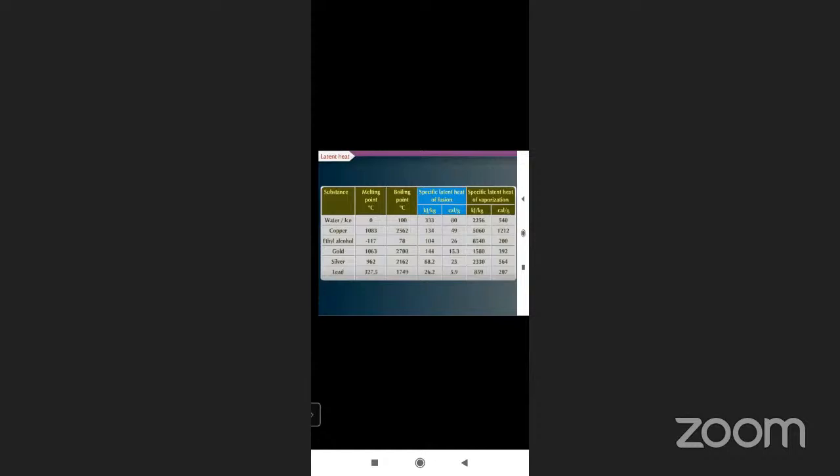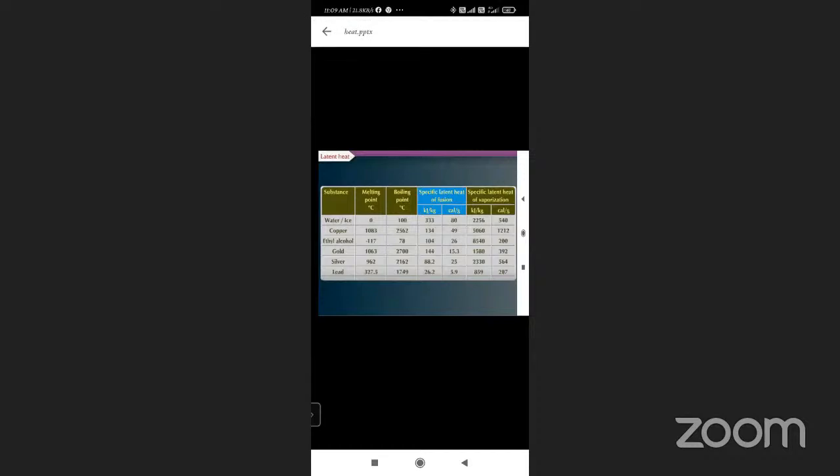Then specific latent heat of vaporization of gold is 1580 kilojoule per kilogram and 392 calorie per gram. Clear? In the same way, it is given for silver and lead.